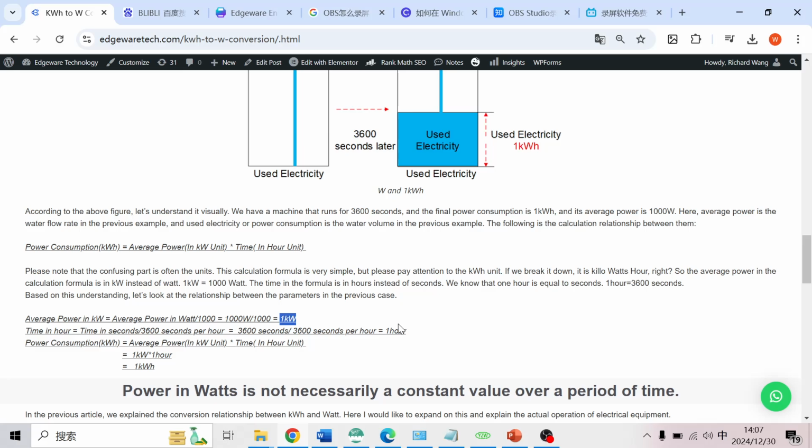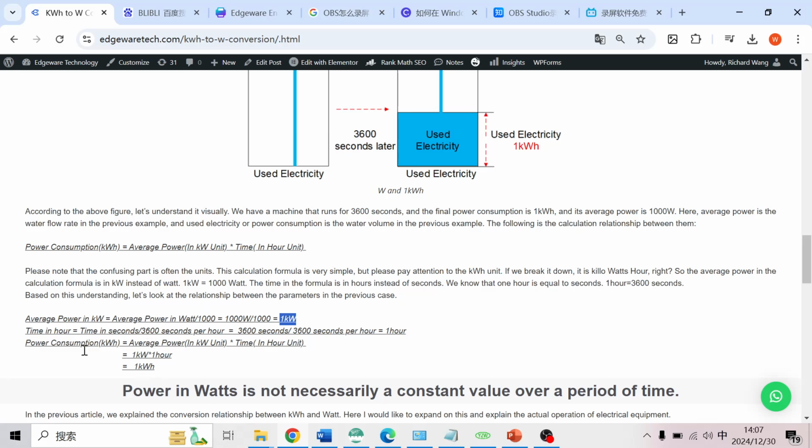For example, if someone asks you how much power a machine uses in kilowatt hours when it runs for 200 seconds, then you have to change the 200 seconds into hours. Pay attention to this: the unit has to be correct.